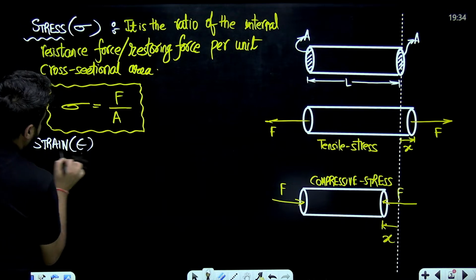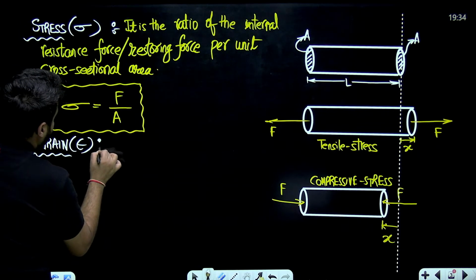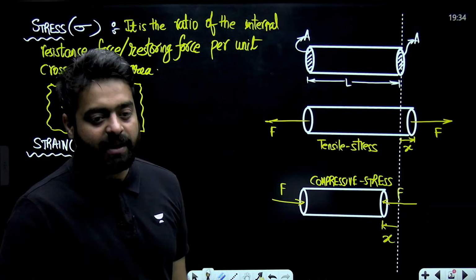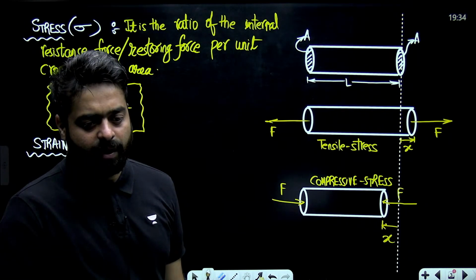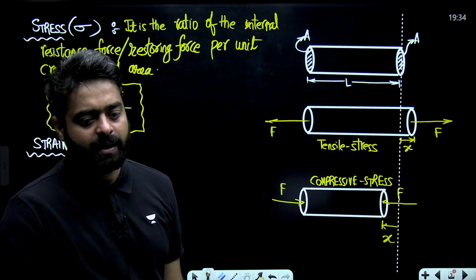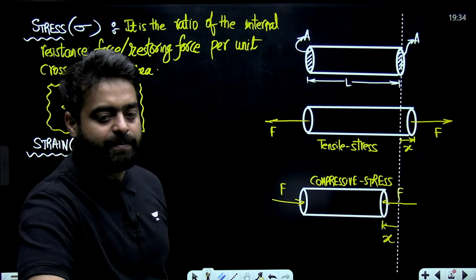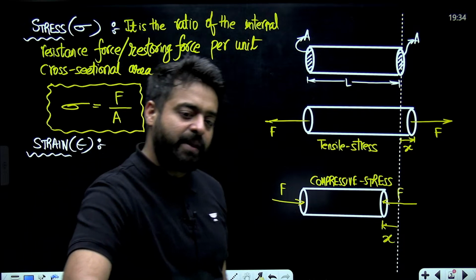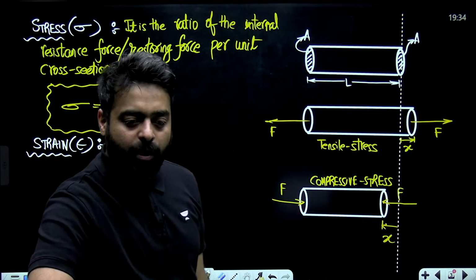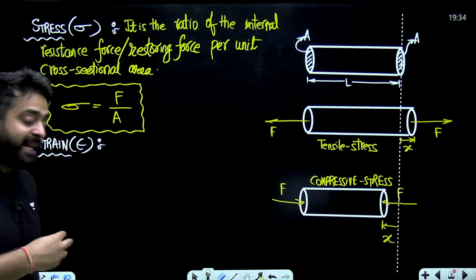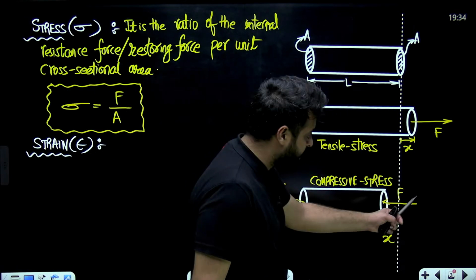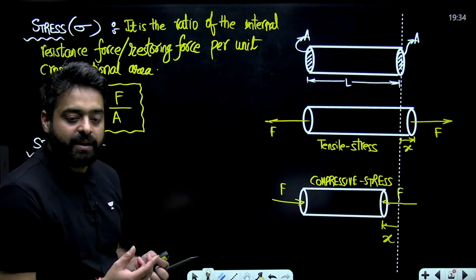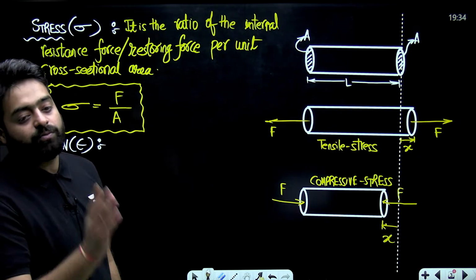Strain is generally given by epsilon. Epsilon is just a symbol. So what is basically strain? Try to understand: whenever any force is applied on the body, it may increase or decrease the length. Whatever deformation is there in the body is termed strain.